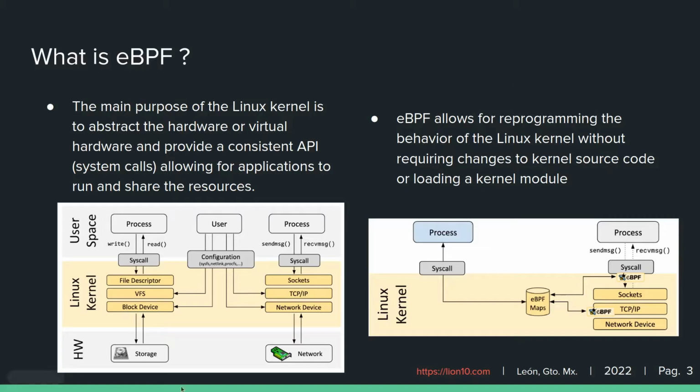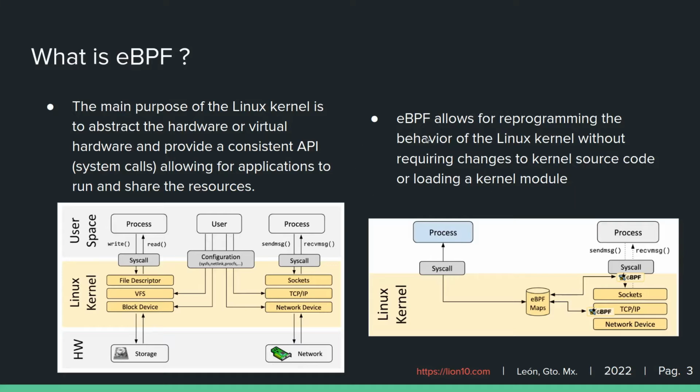Here we have a comparison of what a Linux program or module is compared with eBPF. On the Linux side, the main purpose of the Linux kernel is to abstract the hardware or virtual hardware and provide a consistent API to allow the applications to interact with the resources.